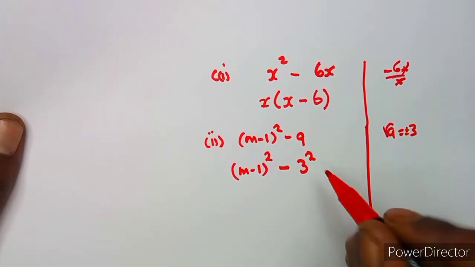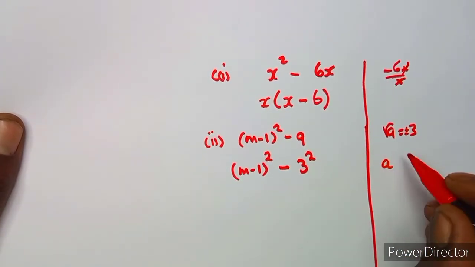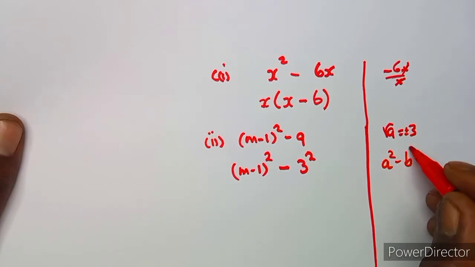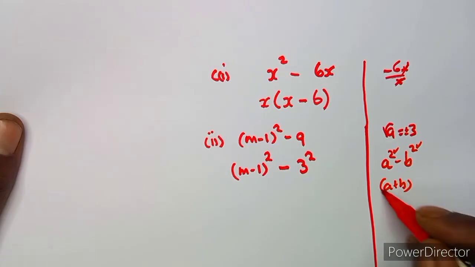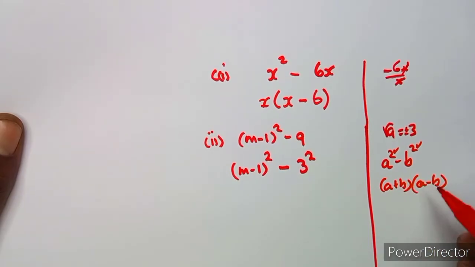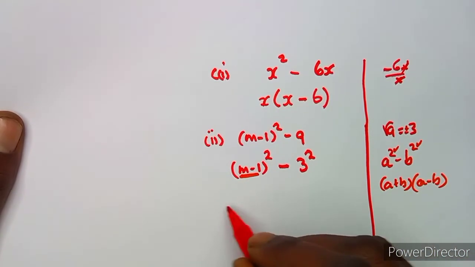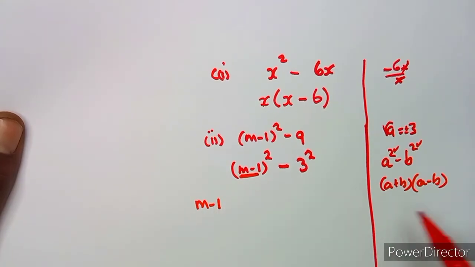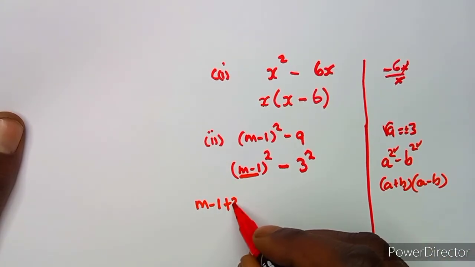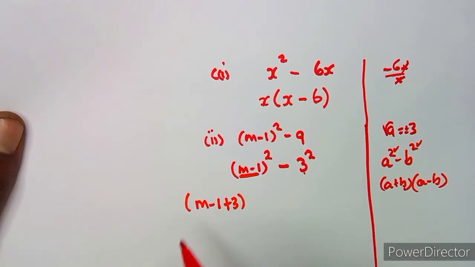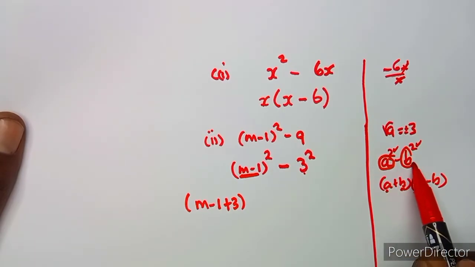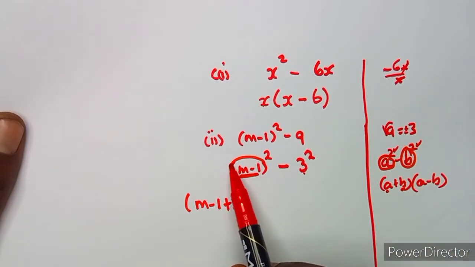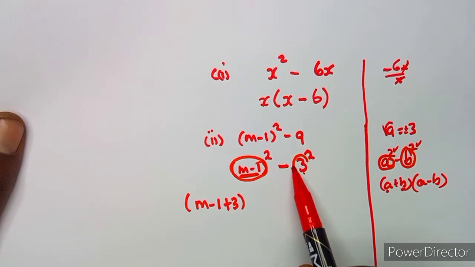Remember guys, I told you that a squared minus b squared, as long as you can write this in terms of squares, it's a plus b, a minus b. So in this case, this is our a, which is m minus 1. The other bracket is going to add 3, okay, m minus 1, this is your a, and this is your b.